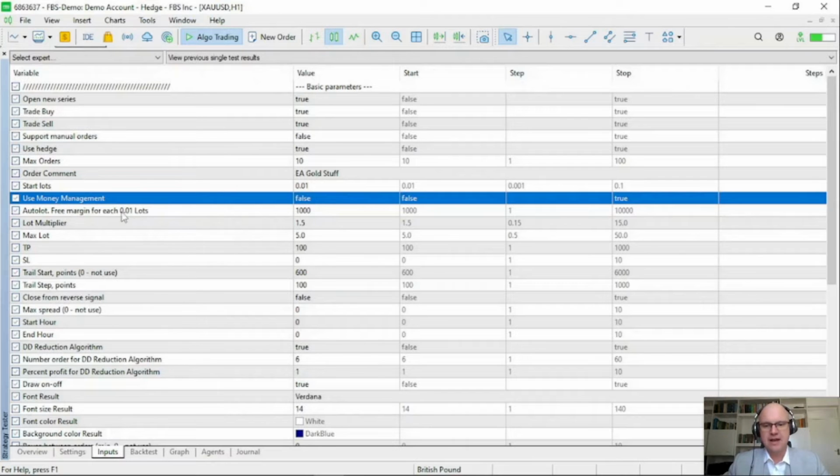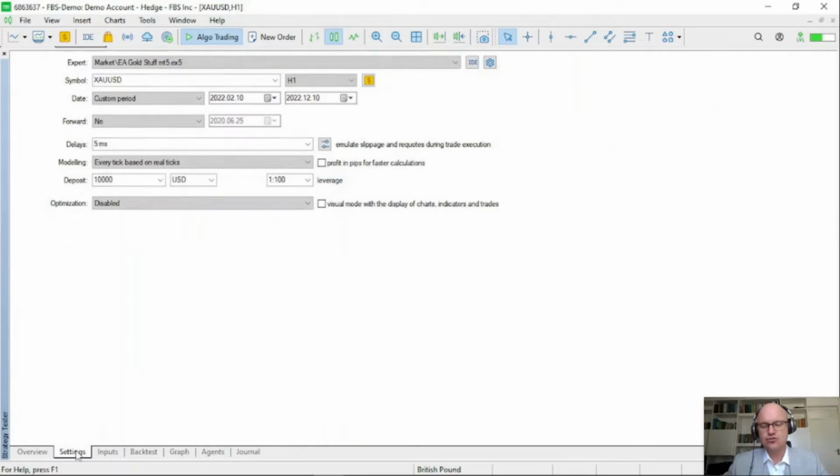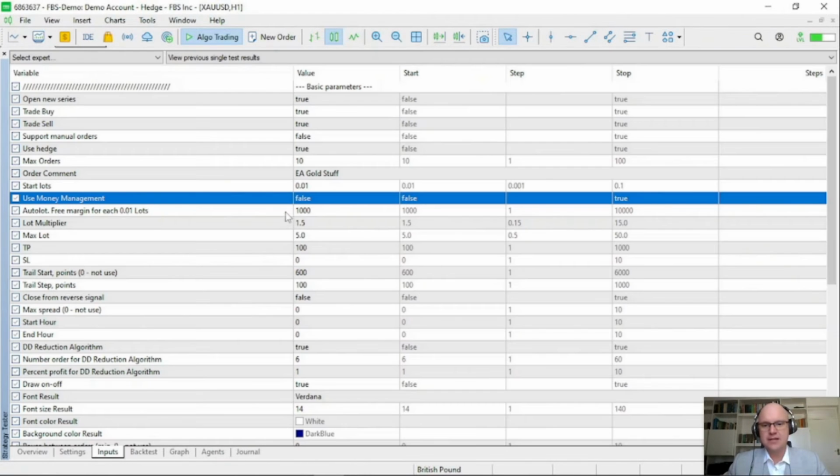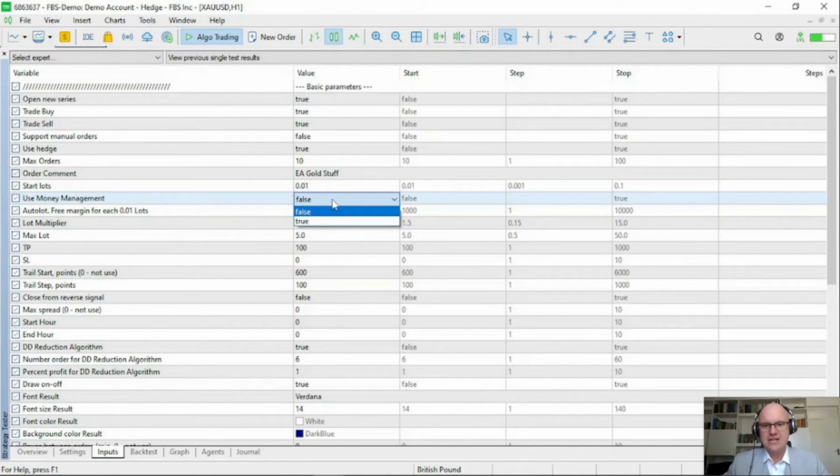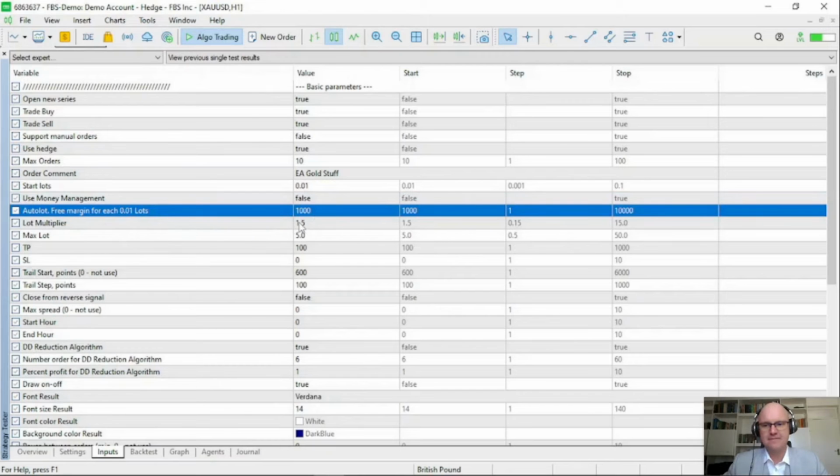The lot multiplier function is when the bot enters its grid trades. By taking the grid trades, it then starts with the 0.01 or 0.10 if money management is set to true. It takes that lot and multiplies it with 1.5.